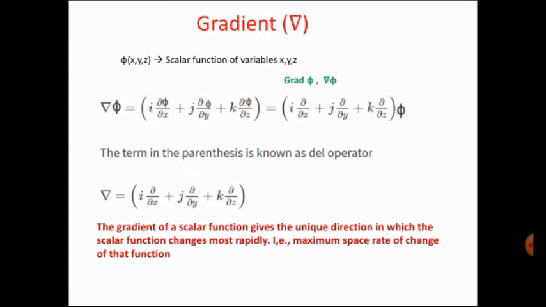That is, grad phi is equal to i into dou phi by dou x plus j into dou phi by dou y plus k into dou phi by dou z, that is equal to i into dou by dou x plus j into dou by dou y plus k into dou by dou z into phi. The term in the parenthesis is known as the del operator.